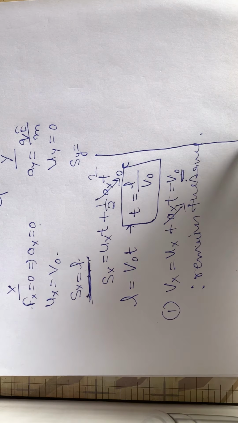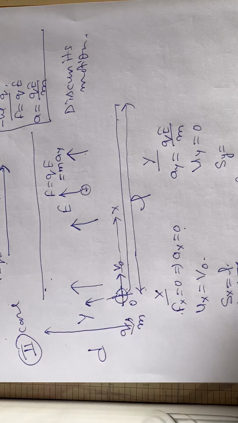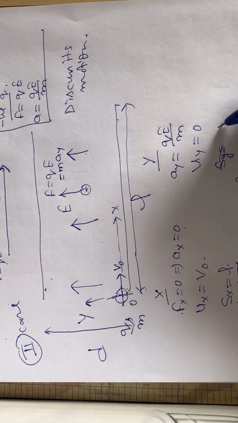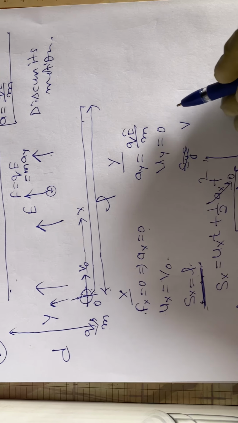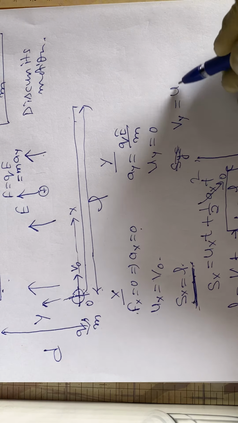But on the other hand, because there is acceleration along the y-axis, its velocity along the y-axis will change. How will it come? Again, use the first equation for the y-axis.